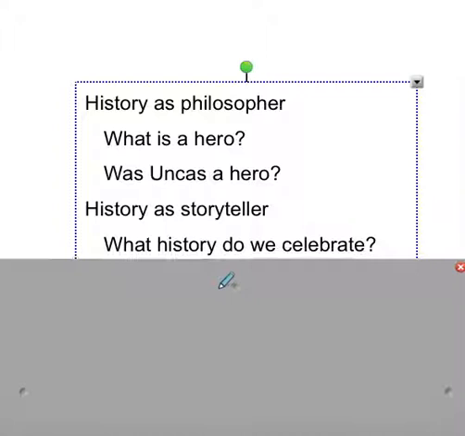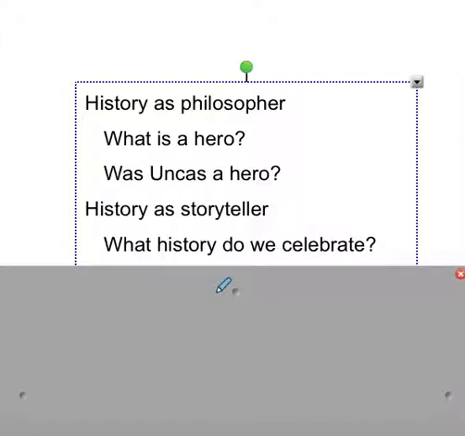And when we approach history in this way, we're asking, what history do we celebrate and why do we celebrate it? Now, sometimes we celebrate history that's not always positive. For instance, Essex, for a very long time, has had the Losers' Day Parade because back in the War of 1812, the Essex residents didn't really fight back against an invasion by the British.